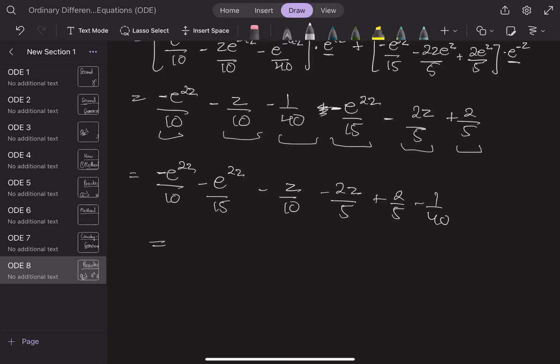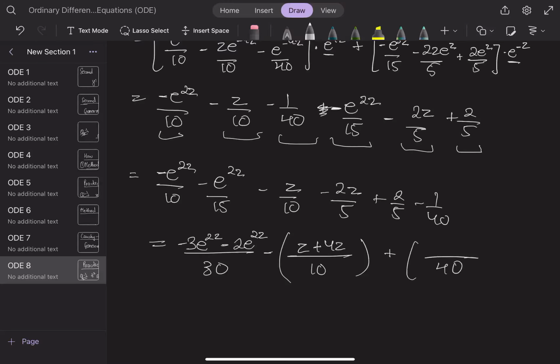So let's take the LCM as 30. 3e raised to 2z minus 2e raised to 2z minus 10z plus 4z plus 40, 16 minus 1.